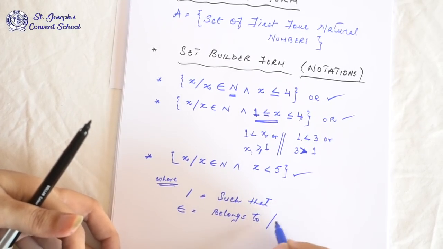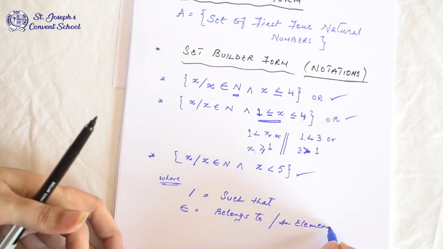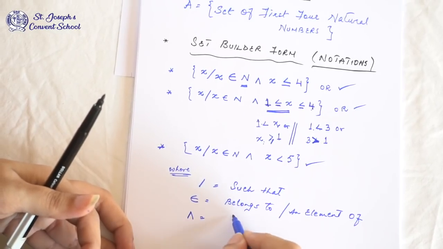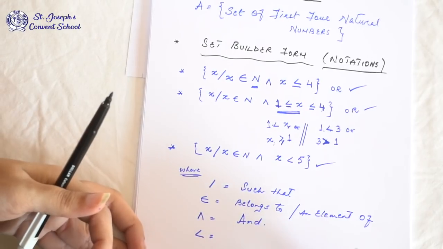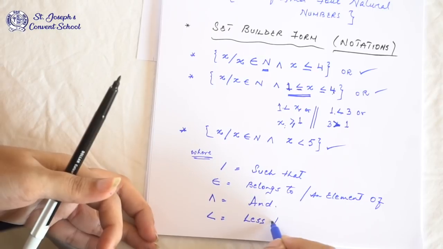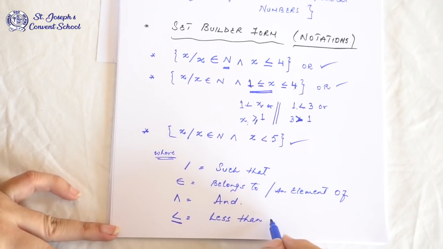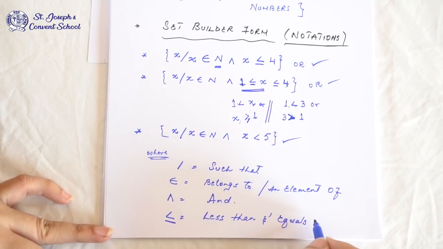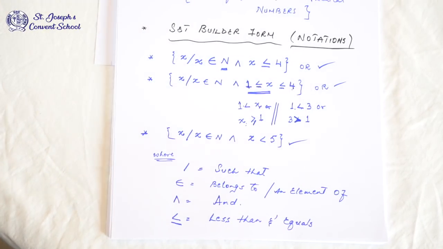This sign means "and". This sign is actually "less than", and when we add this, it means "less than or equal to". So this sign means less and equal both.